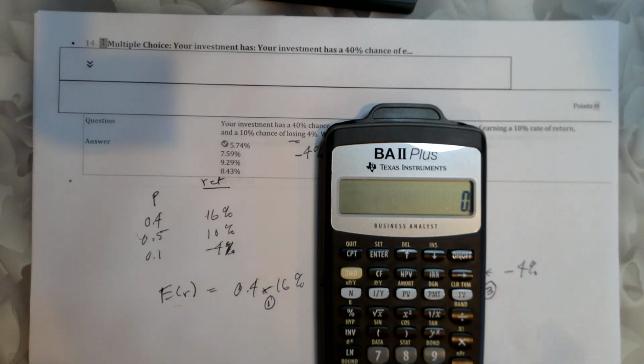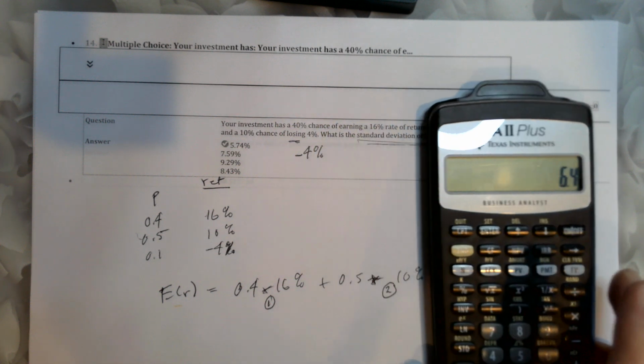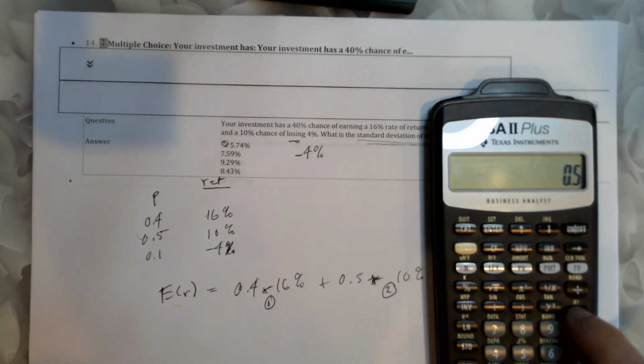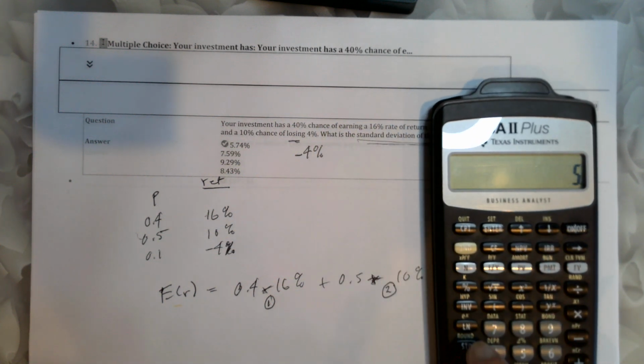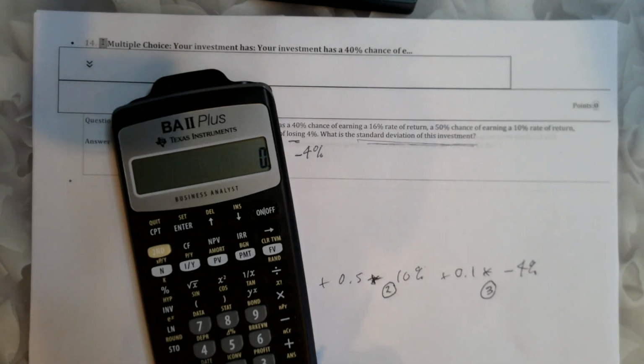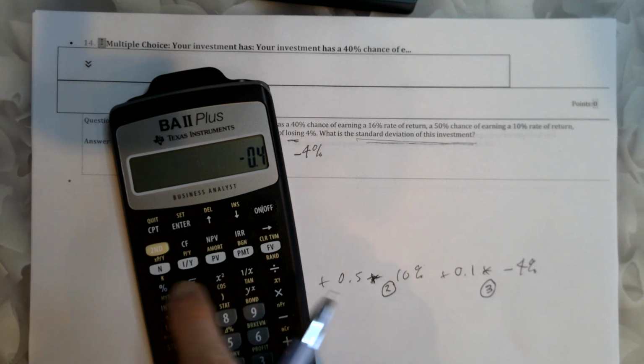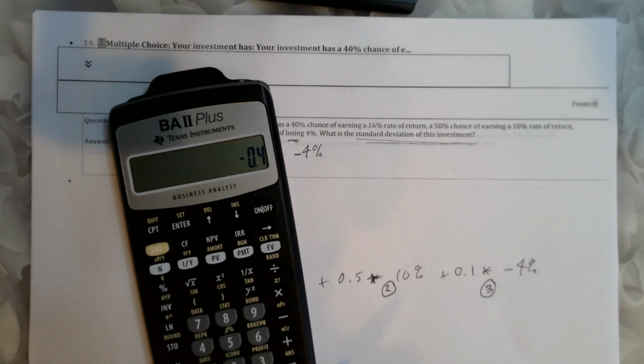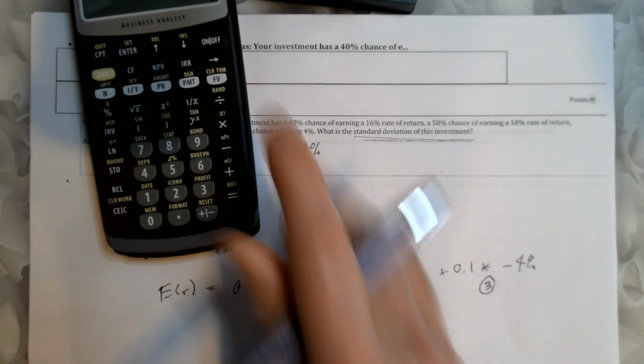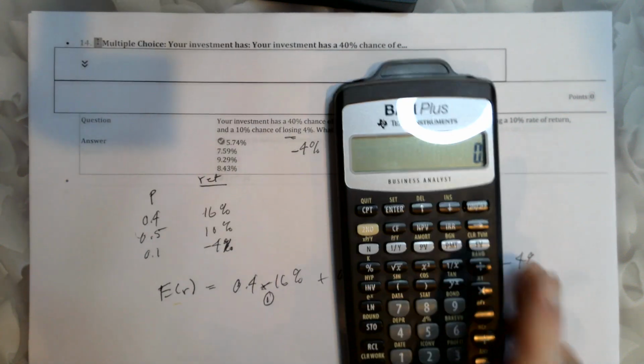So here we go. 0.4 times 16 equals store 1. 0.5 times 10 store 2. 0.1 times 4 negative equals store 3. Now I'm going to add all those together to get my expected return.